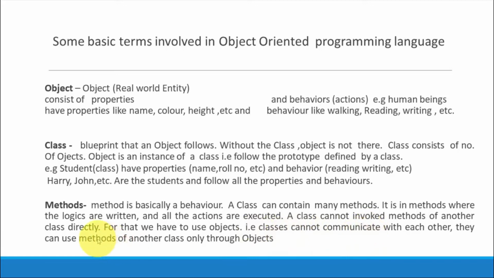They can use methods of another class only through objects. Why? Because objects are the instances of the classes. The methods of one class can communicate with the methods of the other class only through the instances called objects.